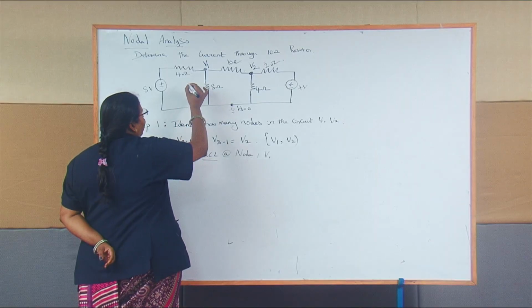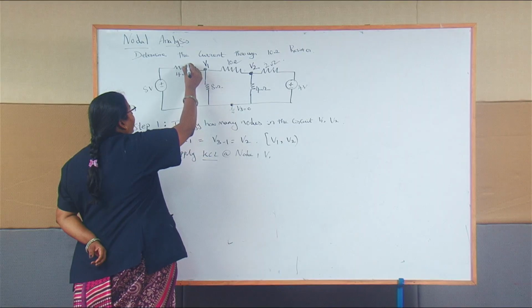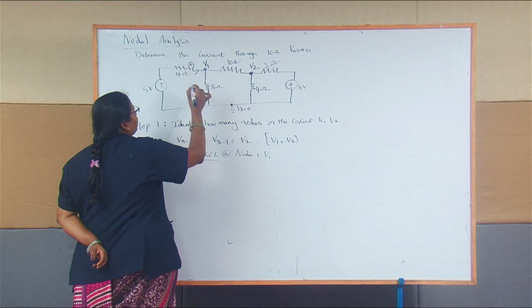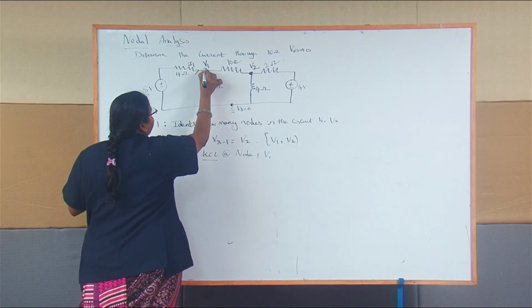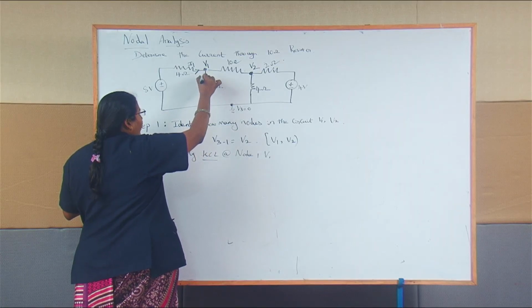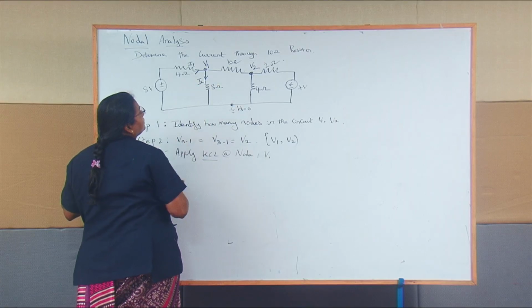So I am going to assume the branch currents here. This is I1, and this is entering. In this node the arrow ends here, right? So here also one branch, this current will split into this direction as well as this direction. I assume this is I2.